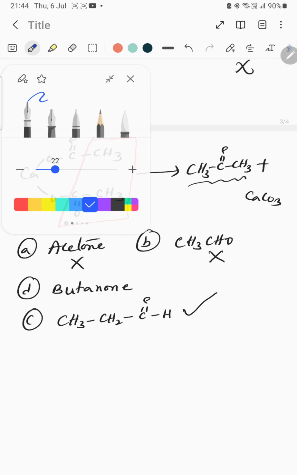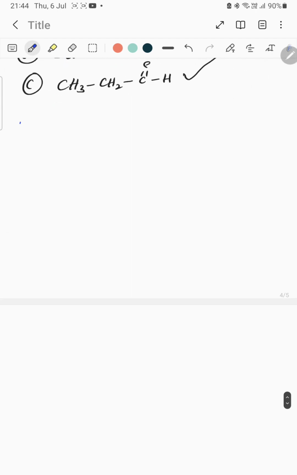Next, 8th one. Dialkyl cadmium reacts with a compound to form ketone. The compound is acid chloride. Take one more acid chloride.